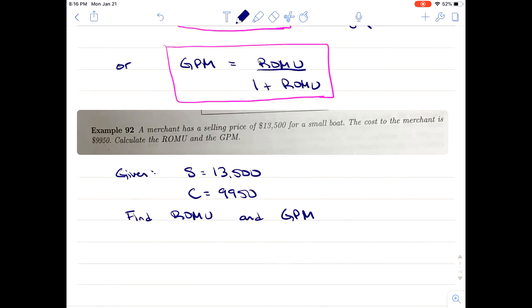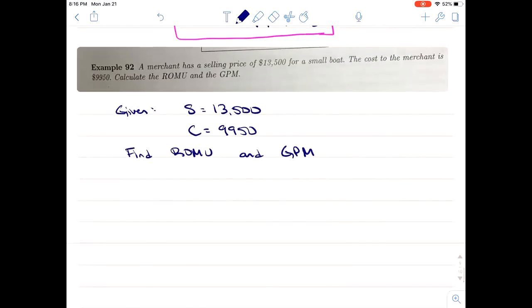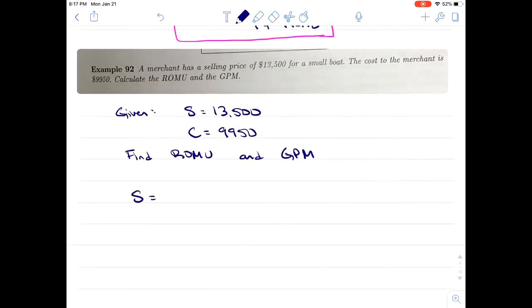If we look at S and C, that's all we know, but that's all we need. Because if you look at your formula, you know that S is C plus M. And like we just said, both the formulas for the ROMU and the GPM use M: M over S or M over C, depending on which one you're talking about.